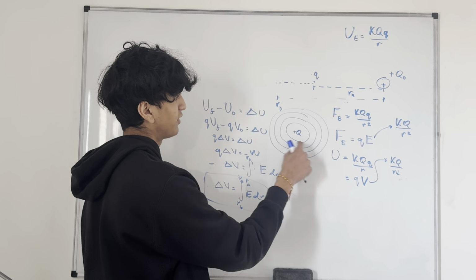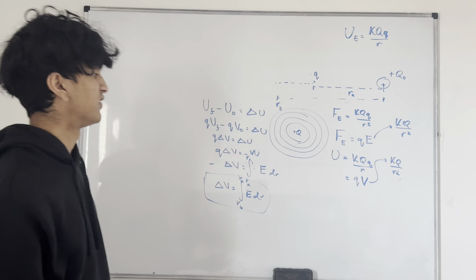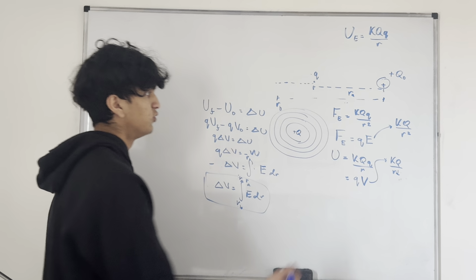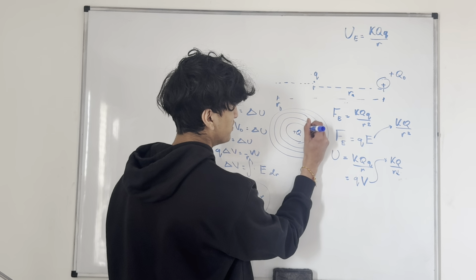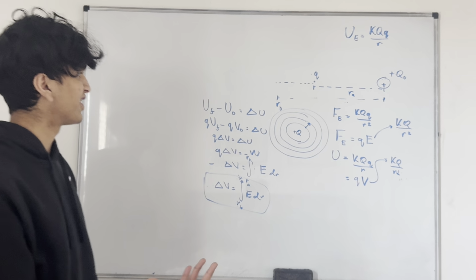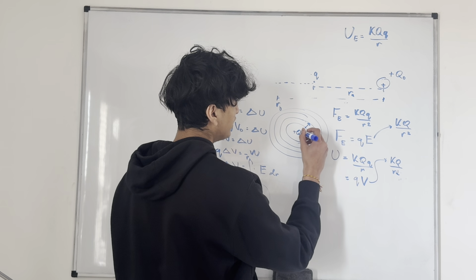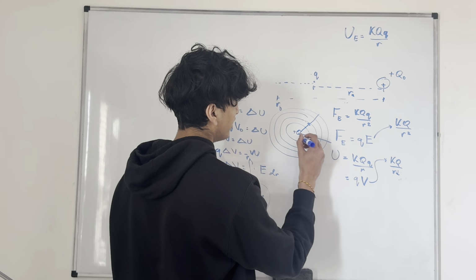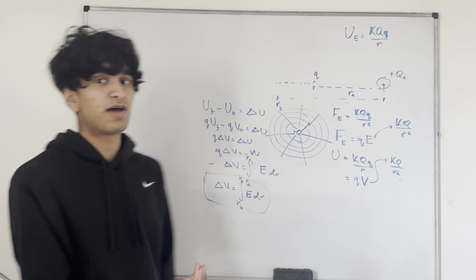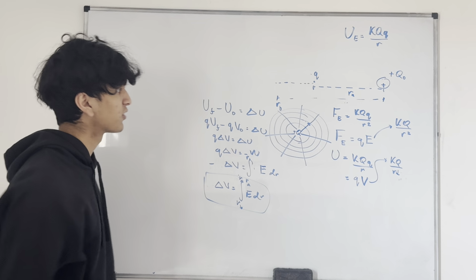The potential around this loop is all the same, it's just not the same as this loop. To get a potential difference, you would have to go from this point to this point. Well, guess what direction the electric field is? It's going to be like that. It's perpendicular to the equipotential lines. Why does that make sense? Because of this equation.